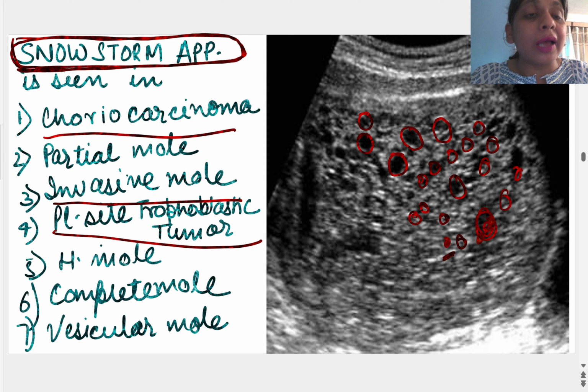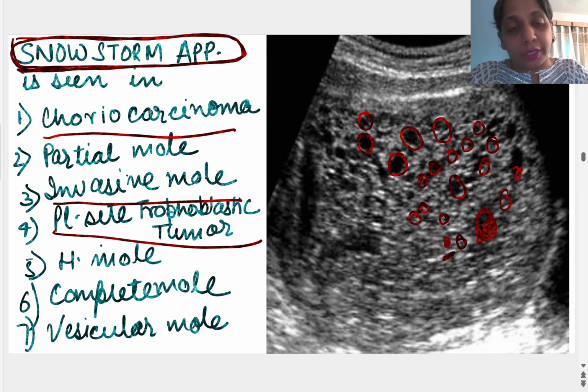These are trophoblastic malignancies, not complete mole, so don't confuse. Complete mole only has the snowstorm appearance. What are the other names of complete mole? Vesicular mole, because vesicles are formed here. Another name is hydatidiform mole.